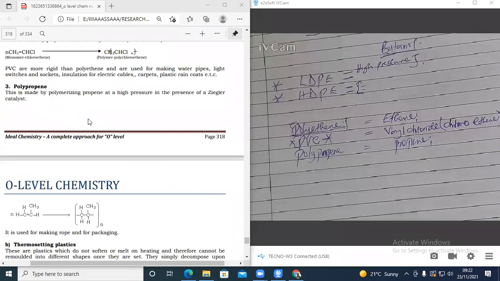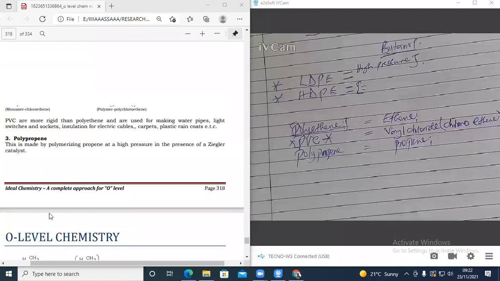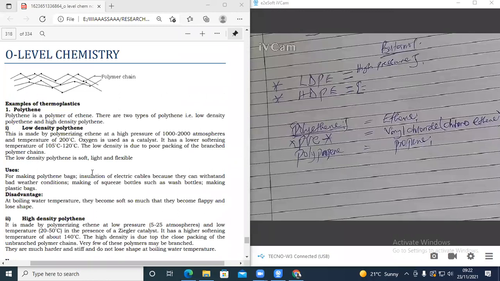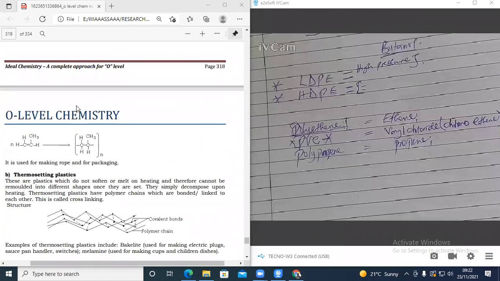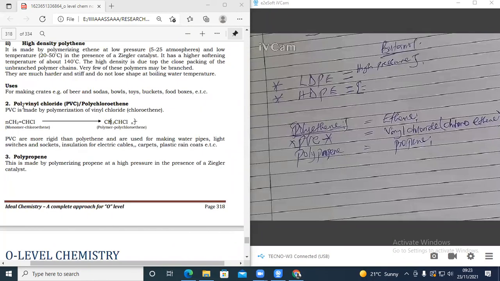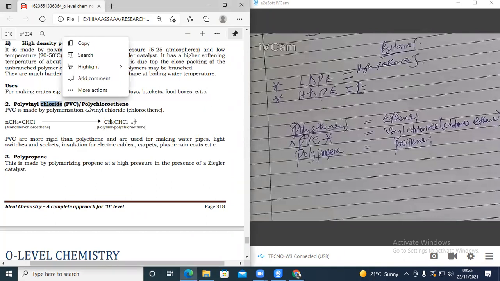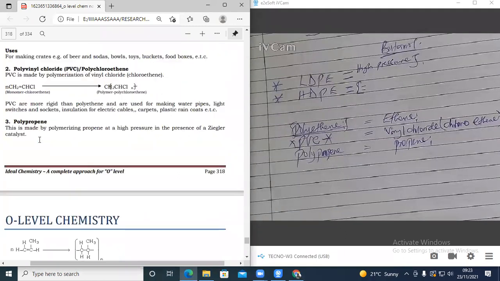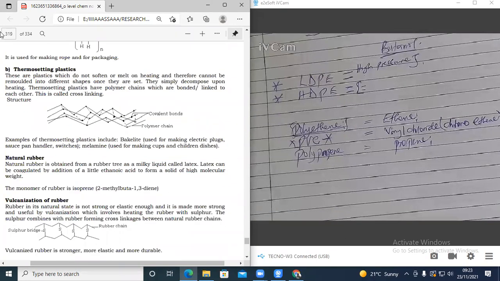What you form, polypropene, is used for making ropes. Then PVC, polyvinyl chloride, is called polychloroethene. So the polymer is called polychloroethene or polyvinyl chloride, and comes from vinyl chloride or chloroethene. So those who read will get those marks.